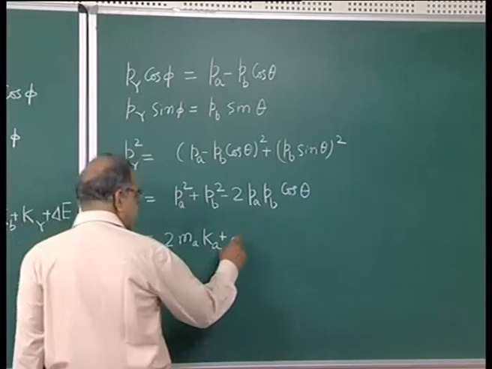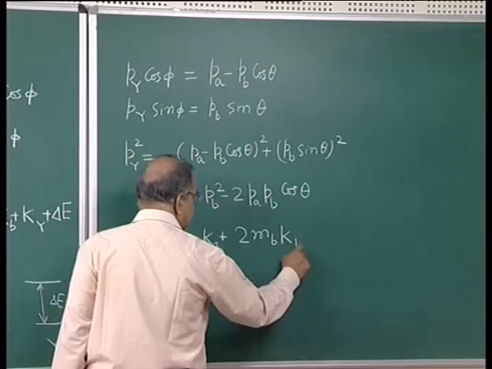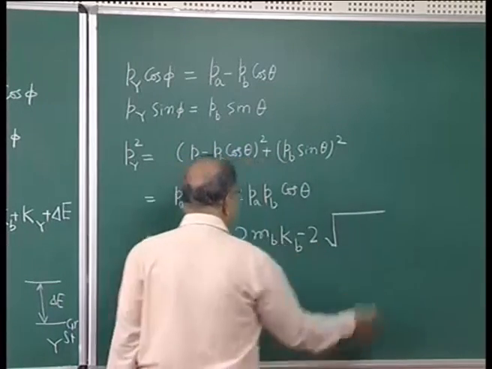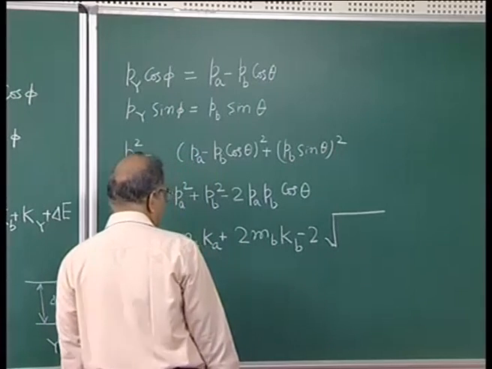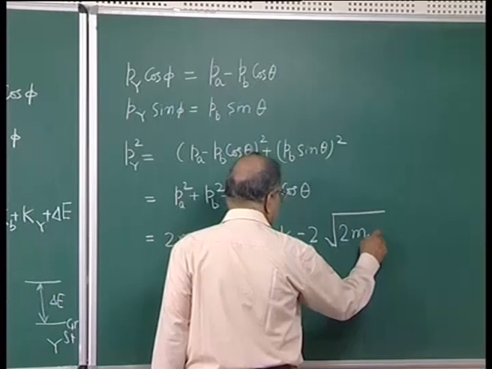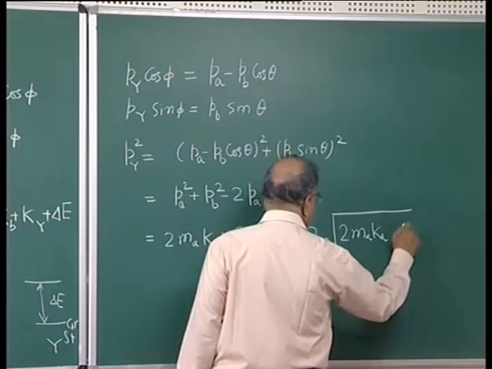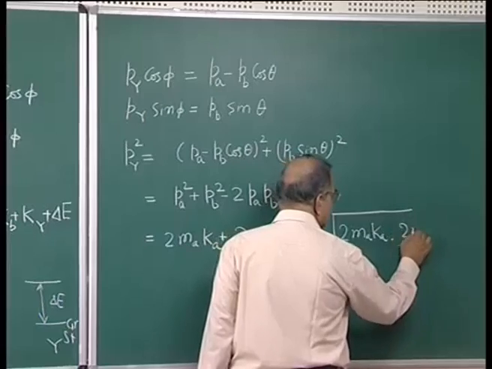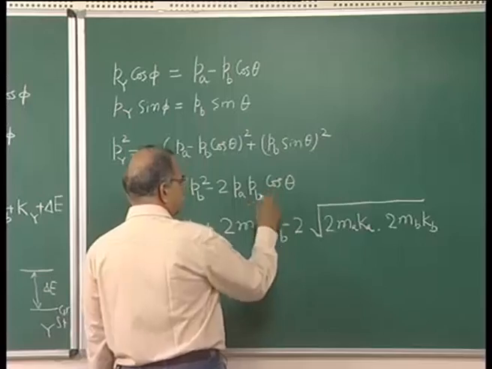Then p b square similarly is 2 m b k b, and minus 2 times the square root of p a into p b. So p a is the square root of 2 m a k a, and p b is the square root of 2 m b k b, and then cos theta.